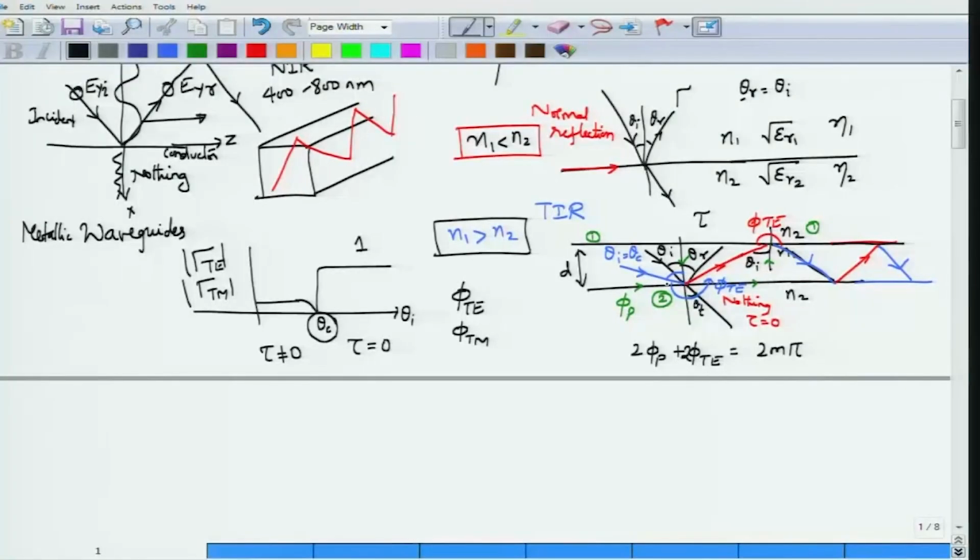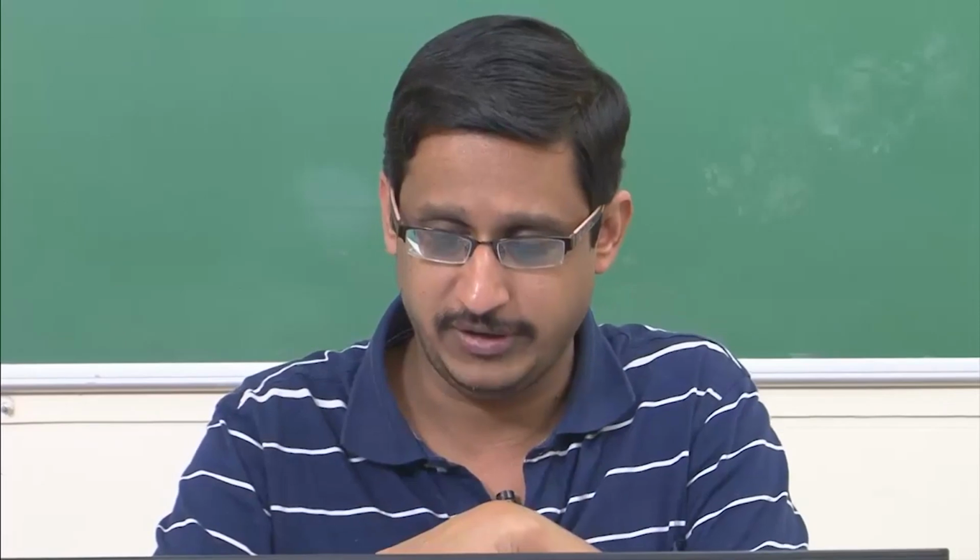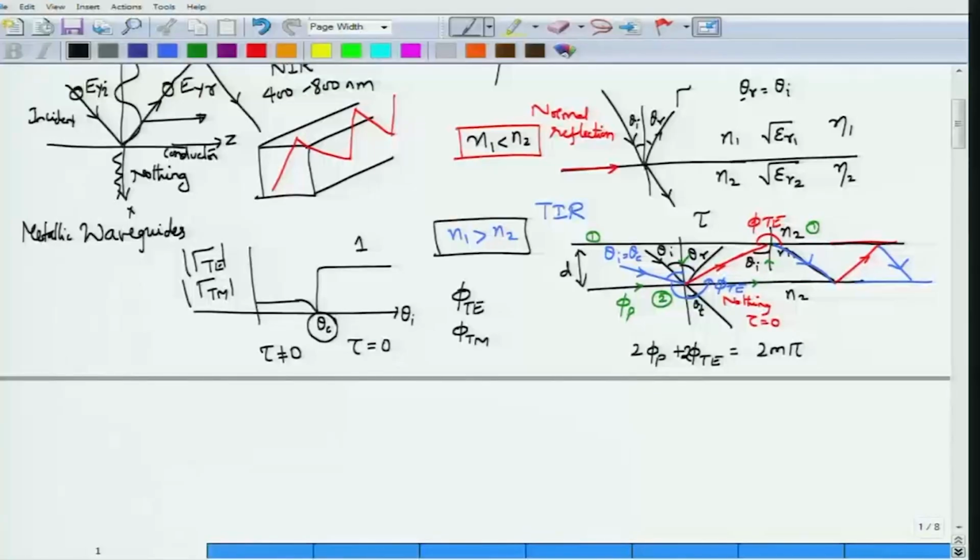So, whatever we discussed so far in this module is what is called the ray picture, in which we represent an electromagnetic wave by a ray. Okay. There is a corresponding wavefront, but we have not really bothered about that wavefront. So, although this equation can be used to obtain very good numbers, it does not tell you what the mode shapes are, and if you make the film thickness small, then this analysis is also not completely valid.